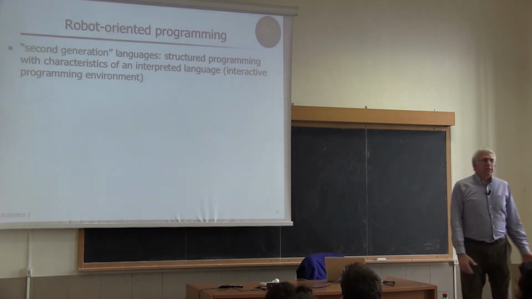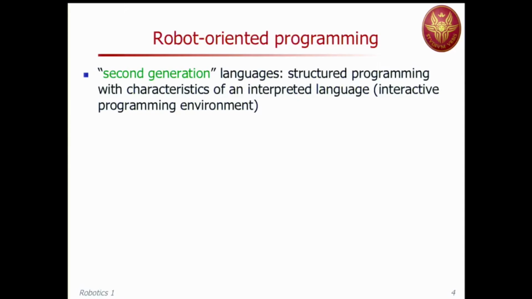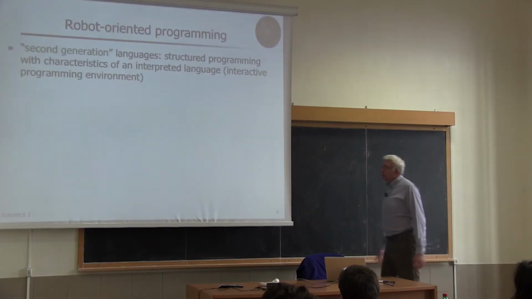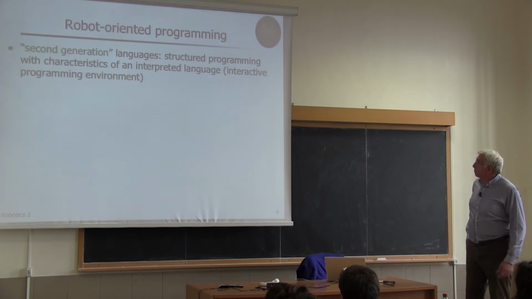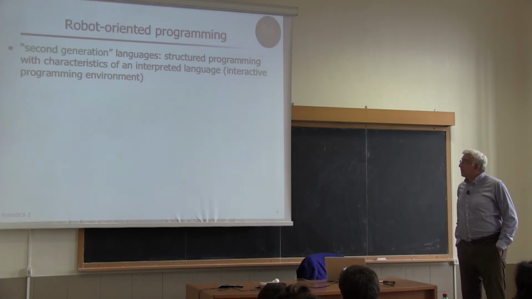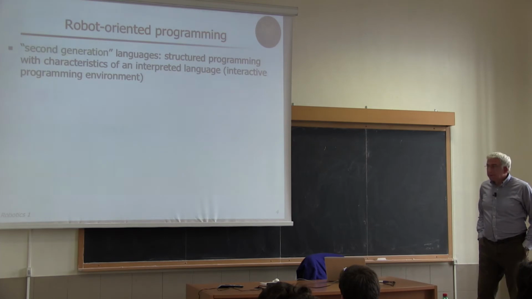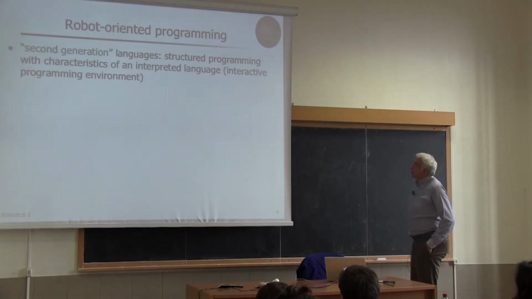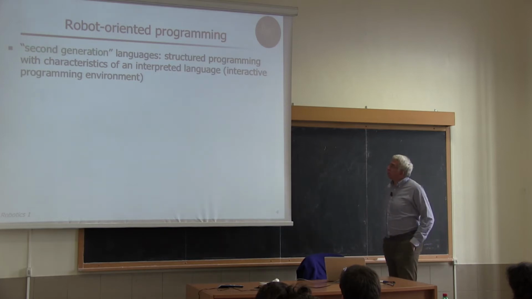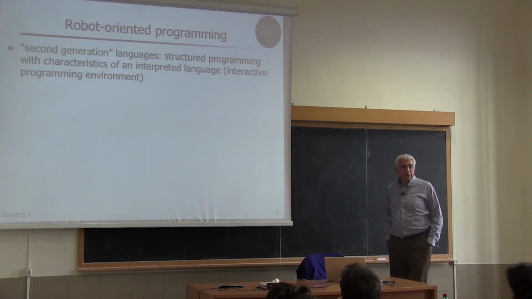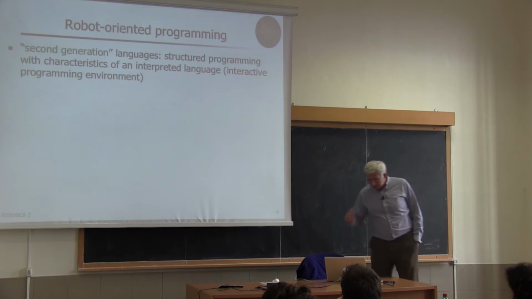Second generation: this becomes closer to what we are doing now. This is a structured language, with options for the flow of the program, typically interpreted, not compiled, and interactive in the sense that the user can modify it while the program is running, eventually.